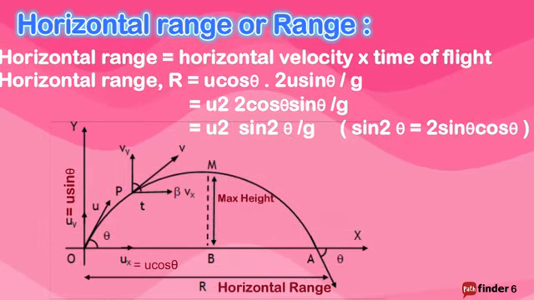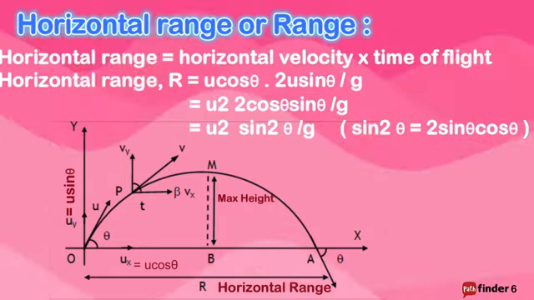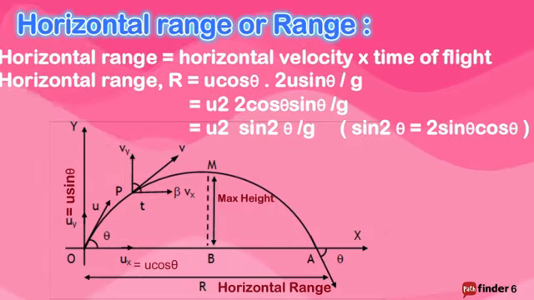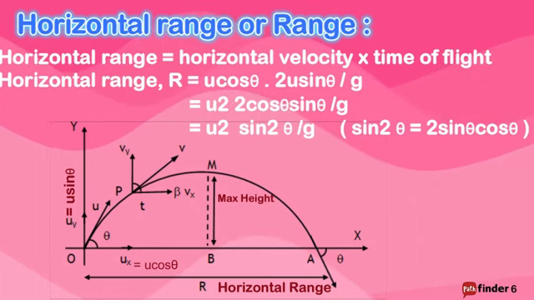In horizontal direction, velocity is u cos theta and time of flight is 2u sine theta by g. Substitute in equation, we get range R is equal to u square sine 2 theta by g.